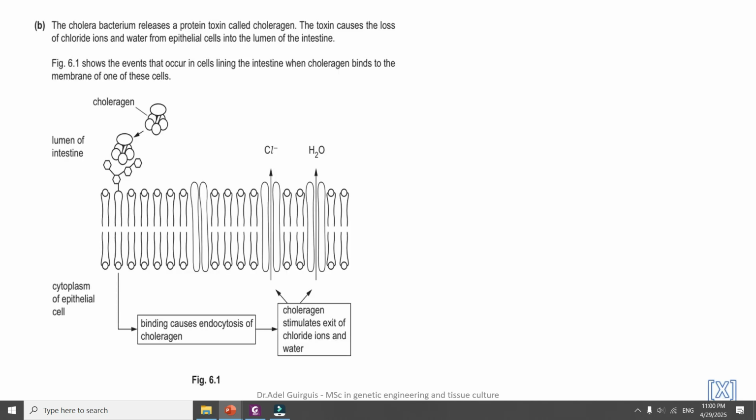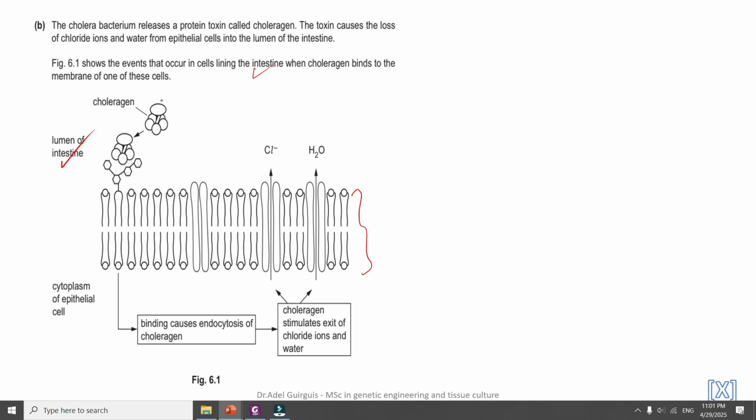Now for letter B, the cholera bacterium releases a protein toxin called choleragen. The toxin causes the loss of chloride ions and water from epithelial cells into the lumen of the intestine. Here is the lumen of the intestine, and this part is the cell membrane, the phospholipid bilayer of the cell membrane lining the intestine.